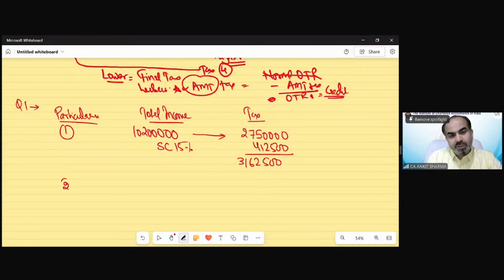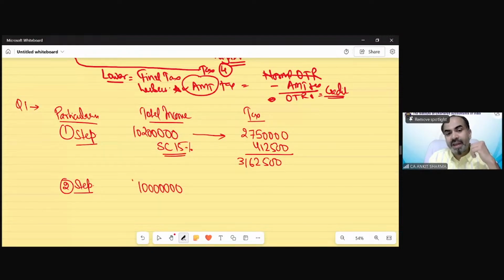Now, for the purpose of finding out the marginal relief, we need to take that income. In the second step, we have to take as total income the level up to which either there is no surcharge or the surcharge rate was different. Before 1 crore 2 lakh rupees, up to rupees 1 crore, the surcharge rate is different from this rate. So we need to take that income from which the surcharge rate has changed.